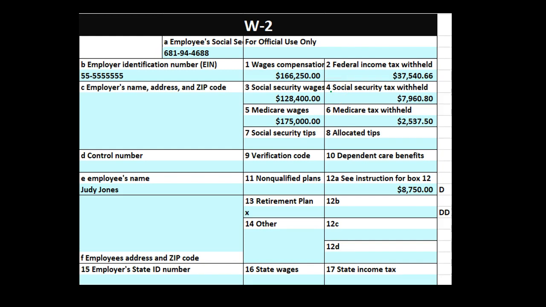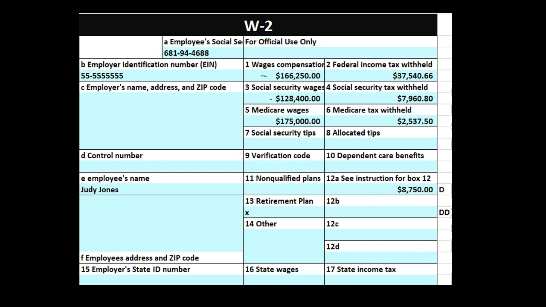This is Judy Jones. She has wages in box 1 differing from box 3, Social Security wages differing than total compensation. One, because box 1 has the $8,750 for the amount that was in the retirement plan, but also because she hit the cap, which is at $128,400.